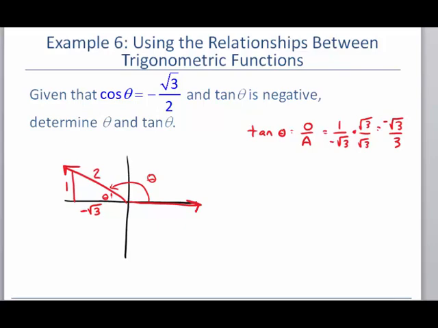And so if we know that this angle here is 30 degrees, then the angle from the starting point to the terminal side of the triangle must be 150 degrees. So we can say that theta is equal to 150 degrees, or 5 pi over 6.